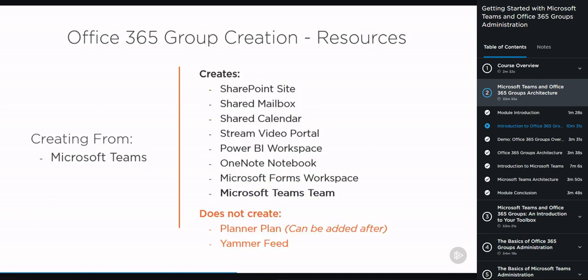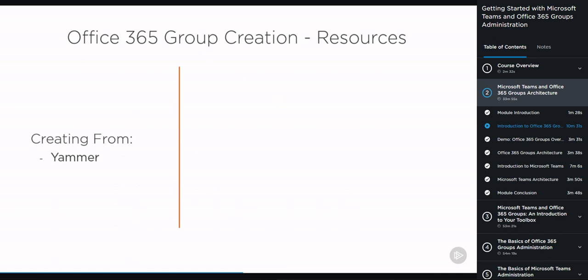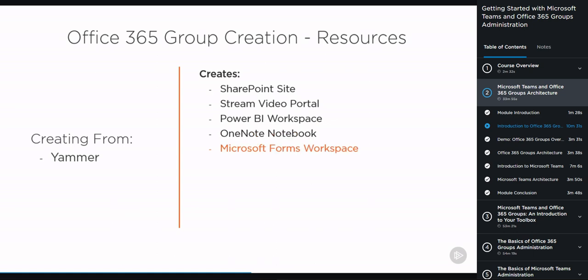Lastly, creating from Yammer is really the one that's a lot different as it only creates a SharePoint site, Stream video portal, Power BI workspace, OneNote notebook, Microsoft Forms workspace, and the Yammer feed, and it does not create a Planner plan, but that can be added after. And those types of Office 365 groups created from Yammer cannot have a Microsoft Teams theme, a shared mailbox, or a shared calendar.